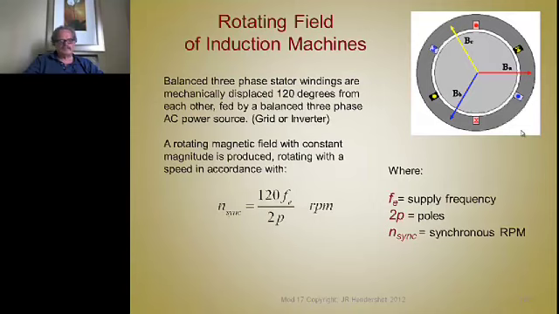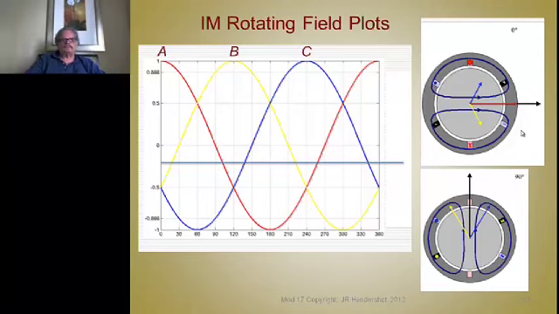This gives you the speed of the stator field in RPM. But that's not the speed of the rotor. That would be the synchronous speed of the rotor if it had zero slip and it could keep up with it. The perfect ABC sinusoidal wave shapes are plotted here, and you can see they're exactly 120 degrees apart.